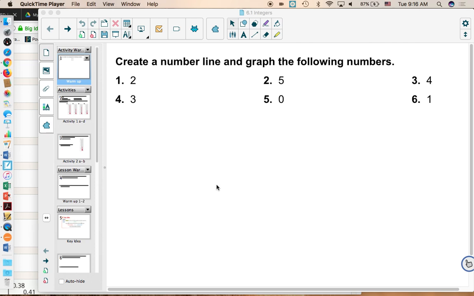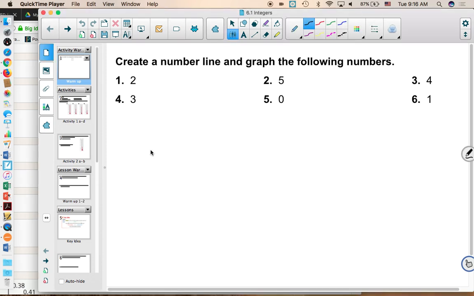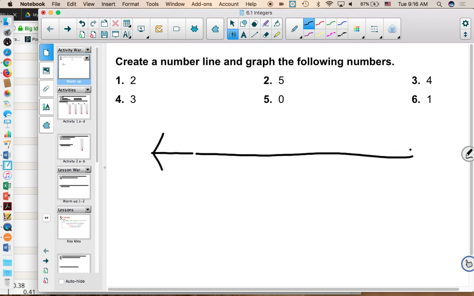Okay. All right, you guys, has everybody got a number line put together? Yeah. Okay, and we know zero's down here. And let's see, I need to be able to go out to 5. Okay.